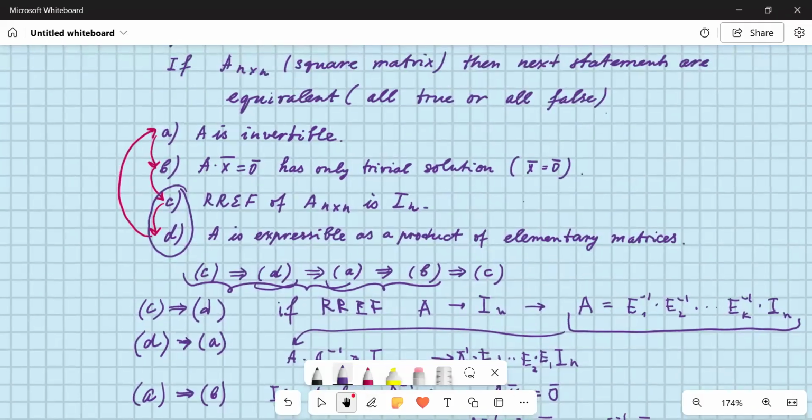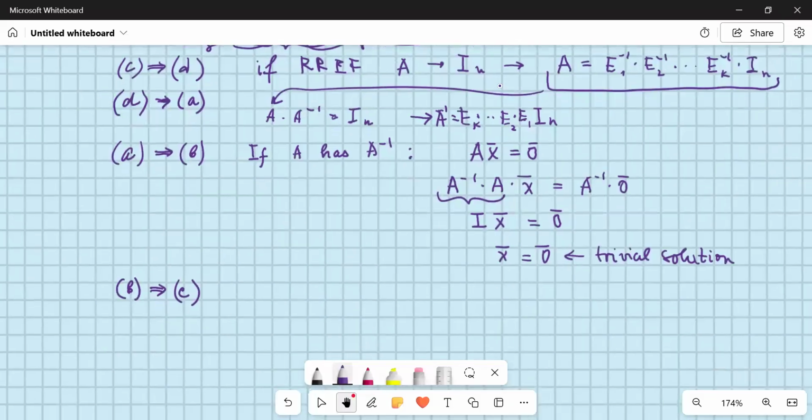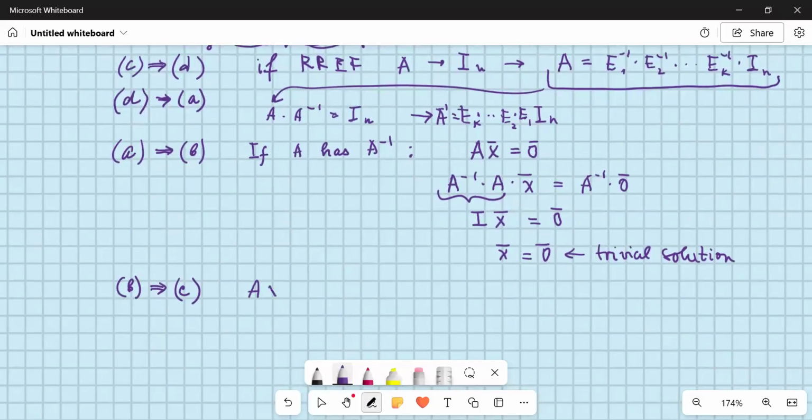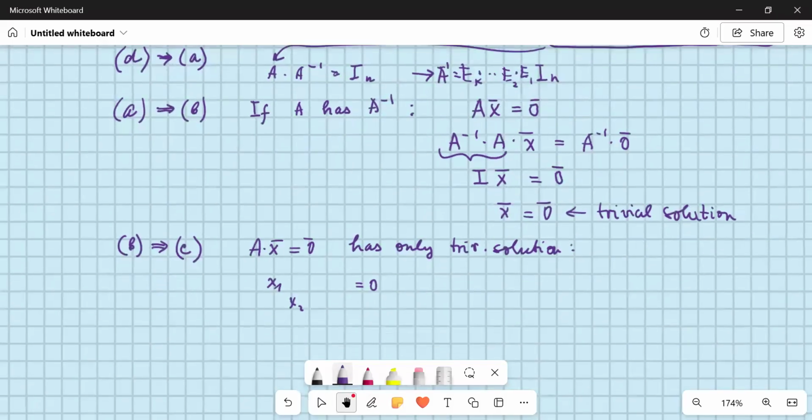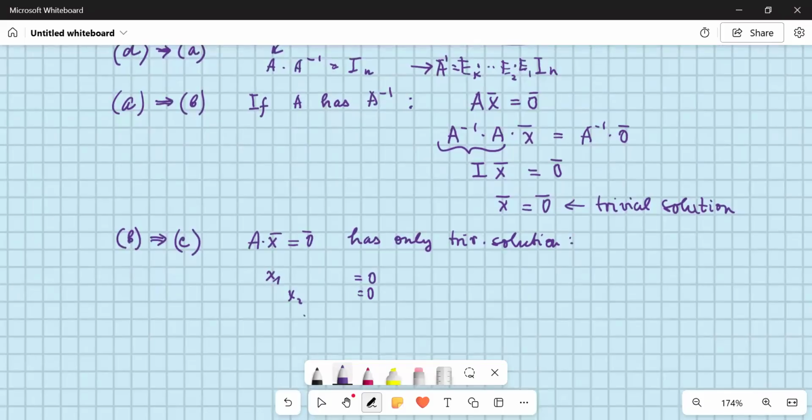B tells us that the equation AX equals 0 has only the trivial solution. Well, trivial solution means that x1 equals 0, x2 equals 0, xn equals 0. Guys, why do I write down these x's not as a column of zeros, but like in a diagonal?